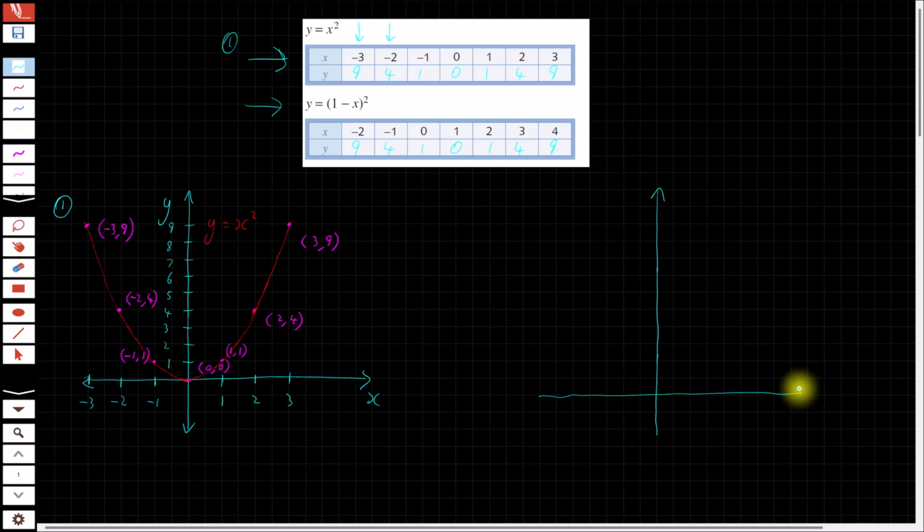Put our arrows on the axes and label them. Okay, now we can start labeling the axes themselves. Negative 1, negative 2, 1, 2, 3, 4. And we go from 0 to 9 on the y-axis.